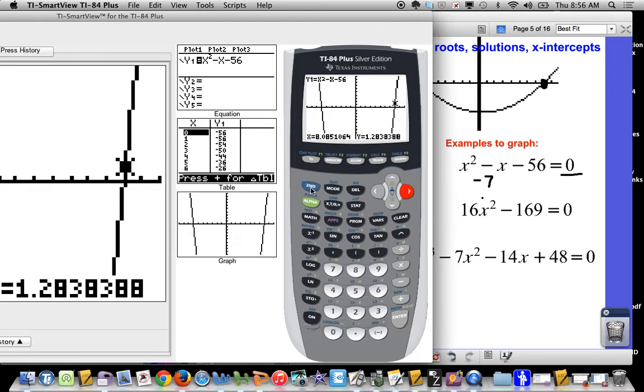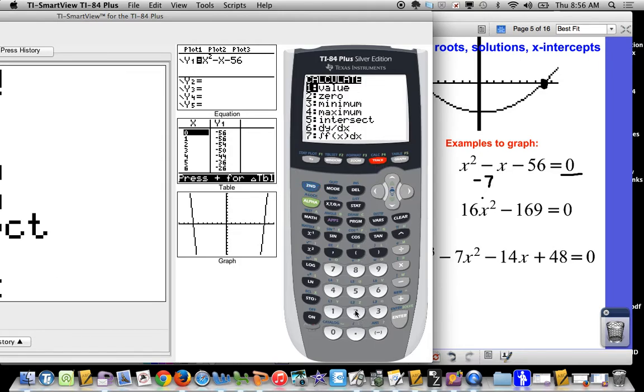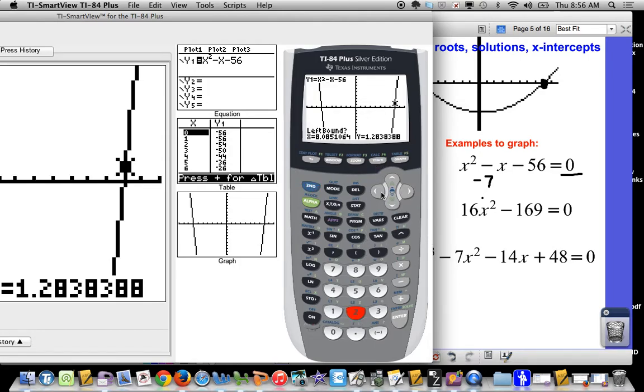And now I'm going to go back through my calculate menu. Second, calc, I want a 0. And this time you have to be careful. The left bound is actually going to be below this x-intercept, so I'll hit enter below it. And again, it pops up my triangle. Now it's asking for my right bound, so I'll go to the other side and go to the right of the 0.